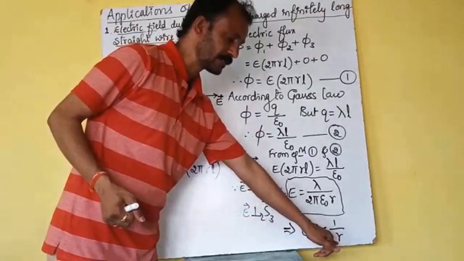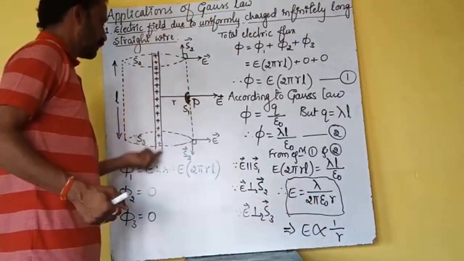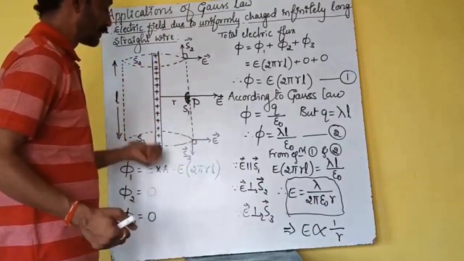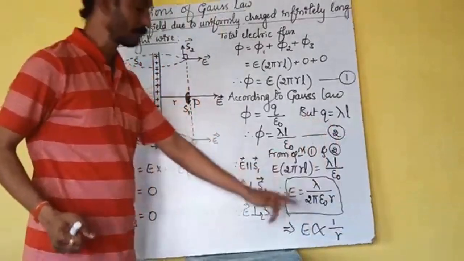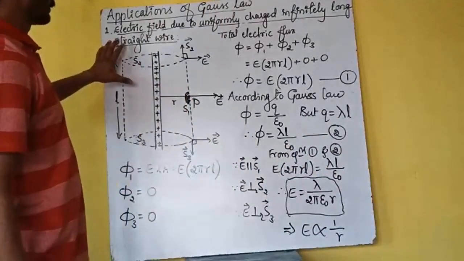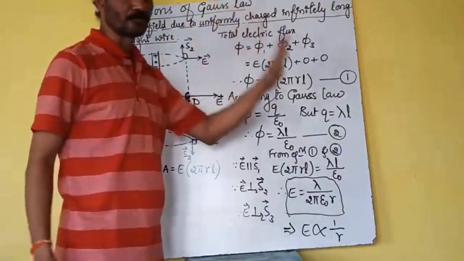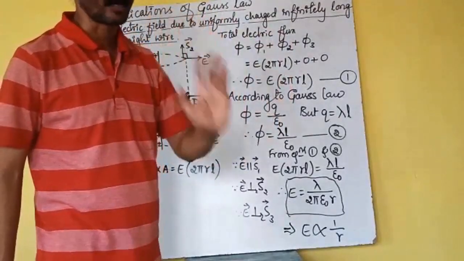As r increases, that is, as the distance of the point from the line charge increases, the electric field goes on decreasing. Therefore, E is proportional to 1 by r. This is the expression for the electric field due to a uniformly charged infinitely long straight wire.